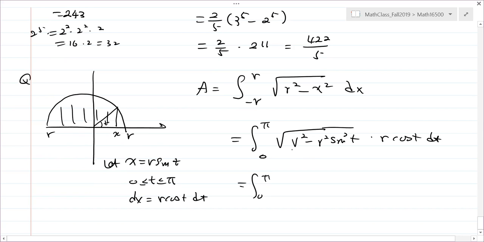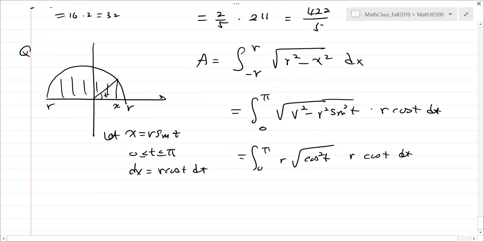Then you simplify it. r squared can come out, but 1 minus sine squared is cosine squared t. Wait a minute, hold on. x is cosine t, sorry, not sine.